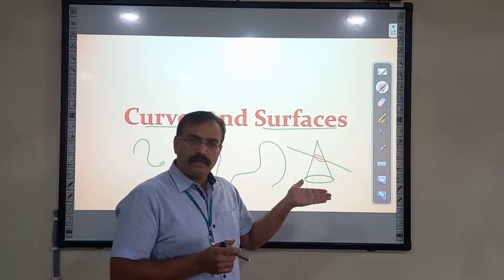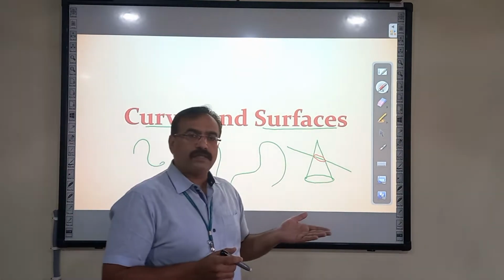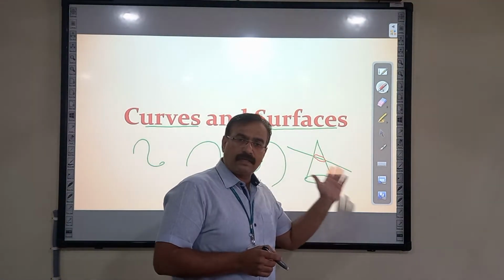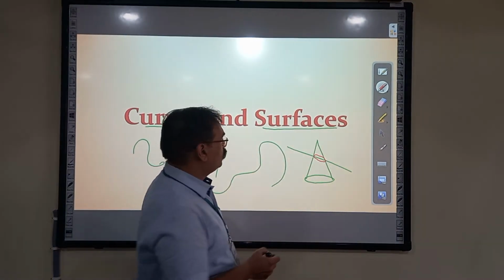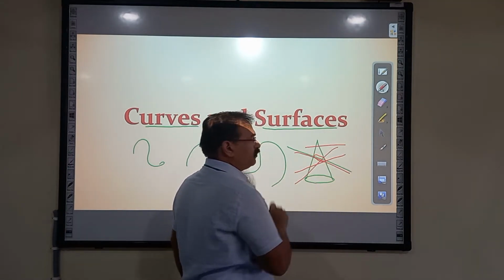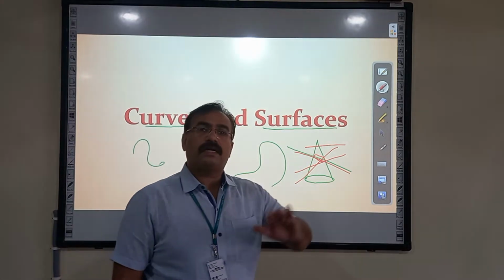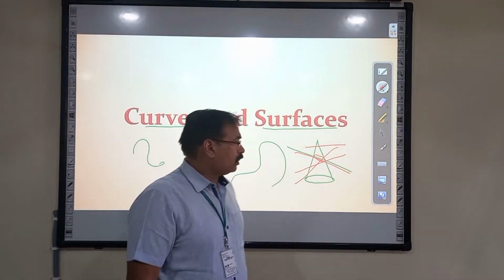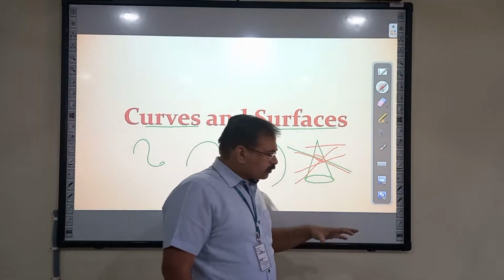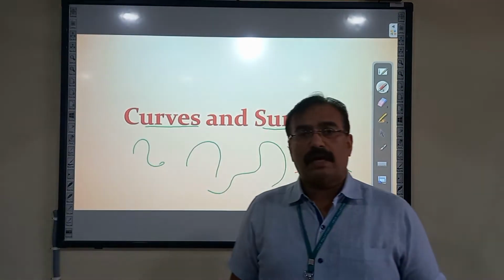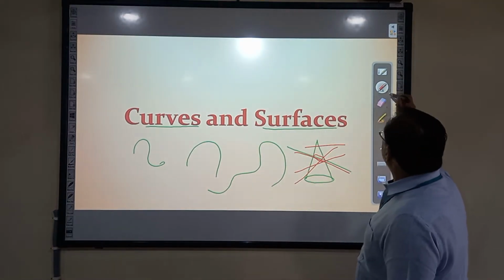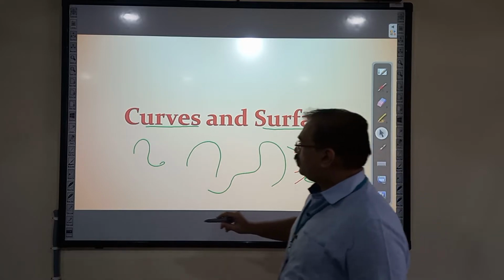It will be a 3D image, which has to be generated. And it's not necessary that every time we are going to intersect the cone at this angle only. It can be intersected at any angle. So a number of different types of ellipses can be generated as the cut of that particular solid shape. So these curve generations are uncertain, and we are expected to deal with this. How to go for it, that we are going to see.